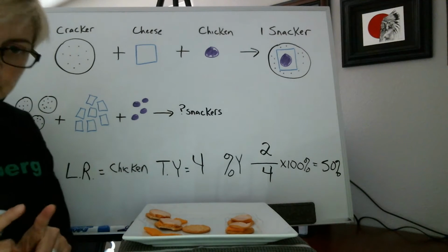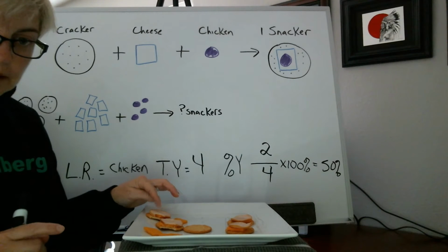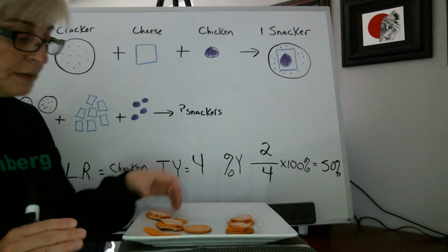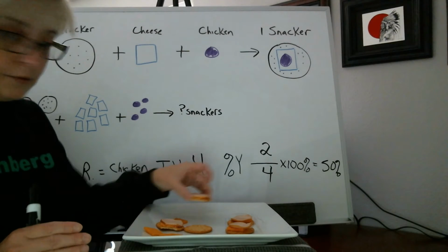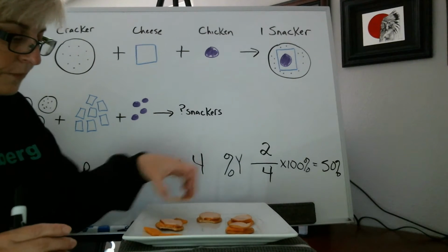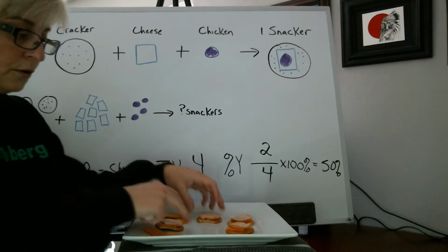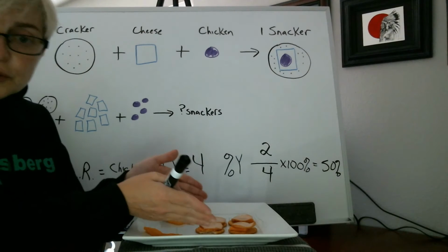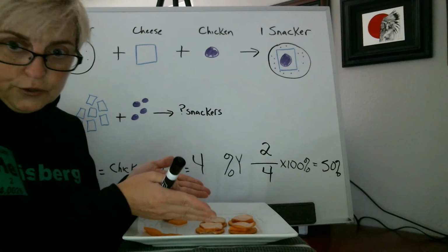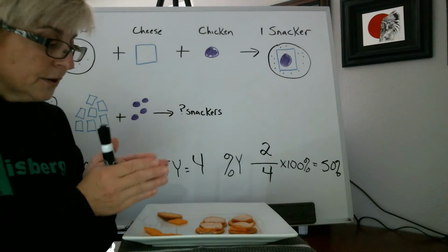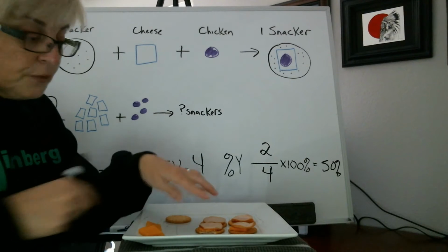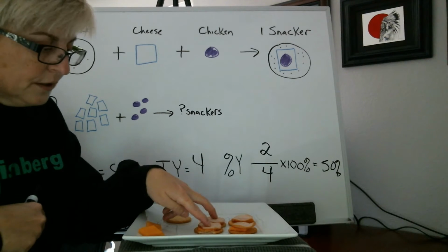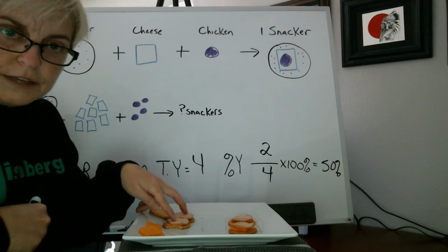So my limiting reagent was my chicken because I was limited as to how many snackers I could make based off of how many pieces of chicken I had. My theoretical yield was what I could produce, 4 snackers, but I have some defective ones. So I have to remove those out of the equation.